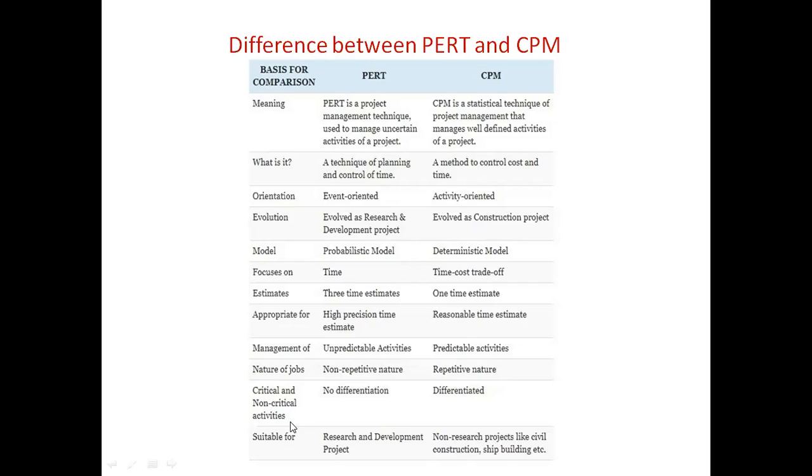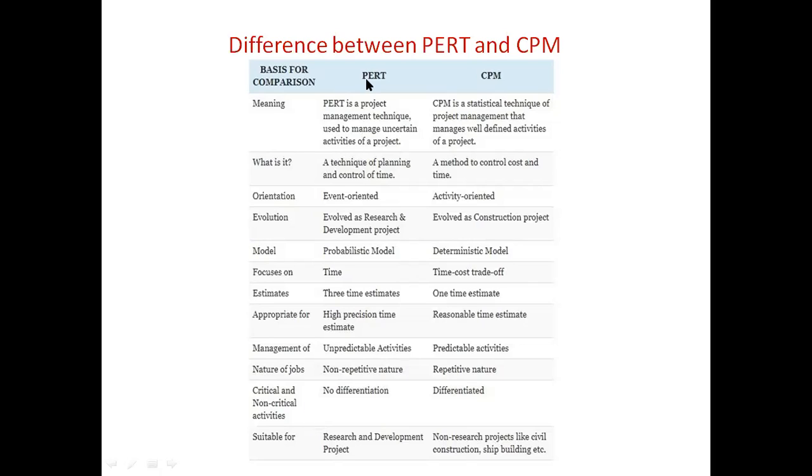Then there is no differentiation between critical and non-critical activities in the case of PERT, while the CPM differentiates the critical and non-critical activities. This difference will be explained while solving the problems. Then the last one is the suitability of PERT and CPM.